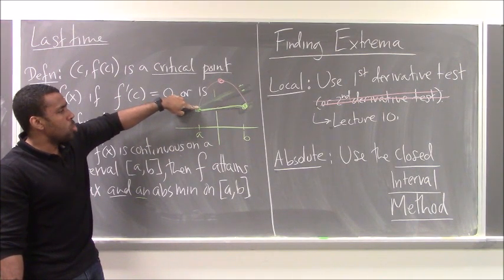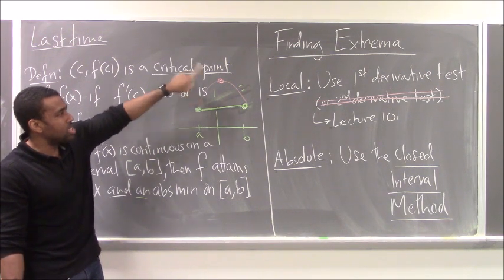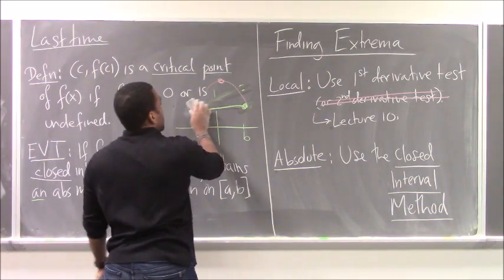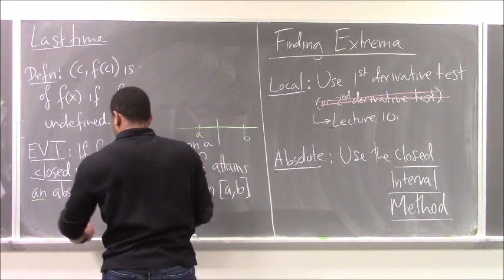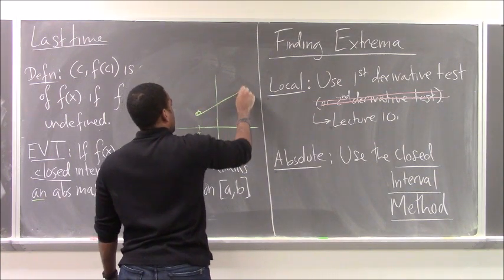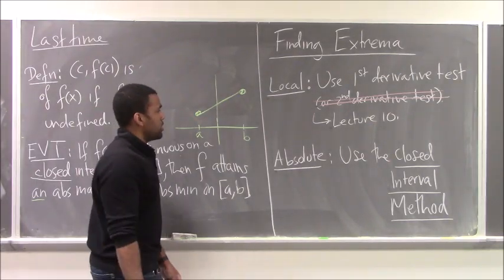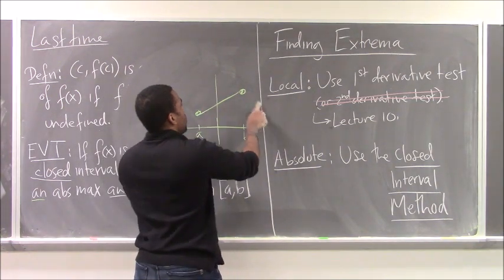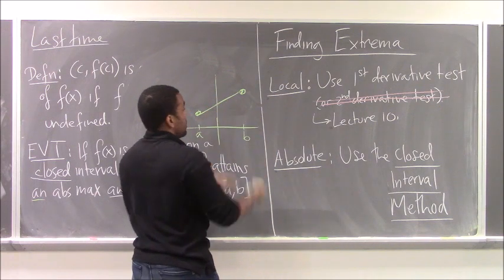But in a more general sense, for absolute max or min, it doesn't have to be something that looks like a hill or a valley. If I go back to the example where we had a slanted line, and that was the whole function, notice that the first derivative test wouldn't actually identify that as a maximum because there's no decreasing part to match up with that increasing, decreasing dynamic.